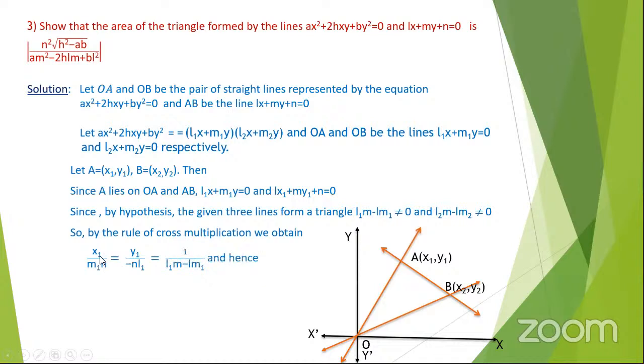We obtain x1/(M1n) = y1/(−nL1) = 1/(L1m − lM1), and hence x1 = M1n/(L1m − lM1) and y1 = −nL1/(L1m − lM1).